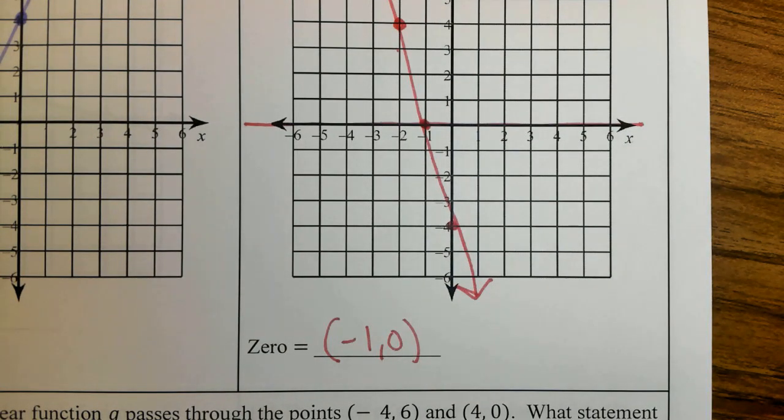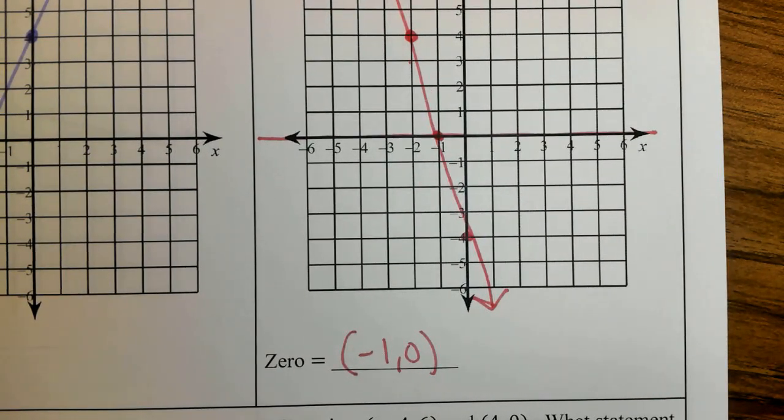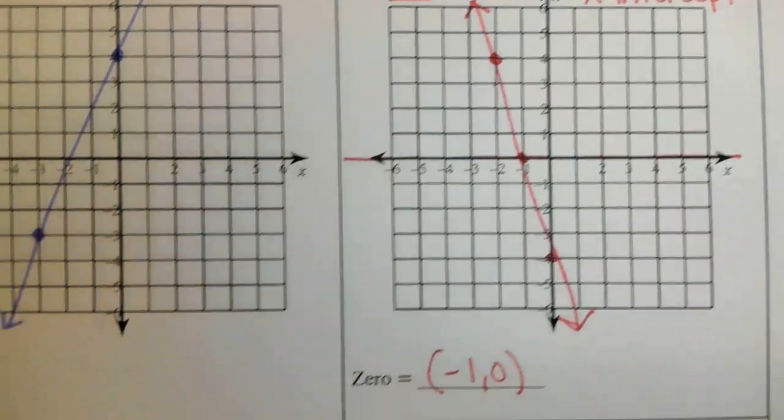So that would be my answer. So graph the line and just find where it crosses the x-axis, and you're done. In this case, the next point we got was already the x-intercept. Okay, so that is my zero, and I'm done.